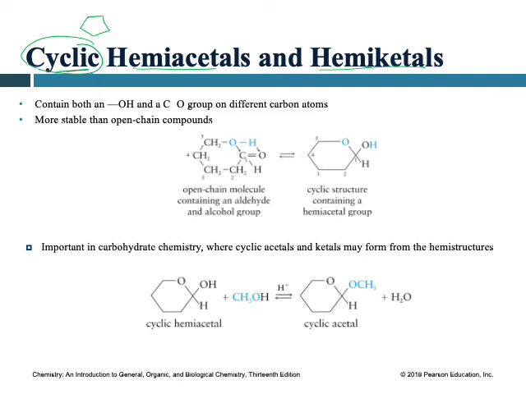So why do some compounds form cyclic hemiacetal or cyclic hemiketal, but some form the open form of hemiacetal and hemiketal that we just learned? How would you know which compound can form cyclic hemiacetals and cyclic hemiketals?